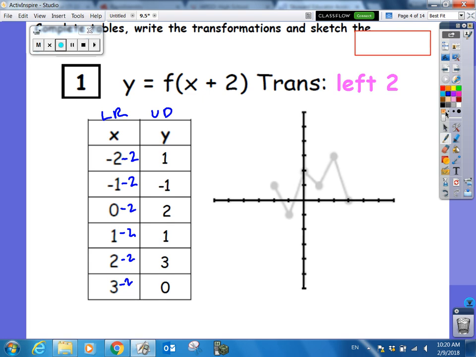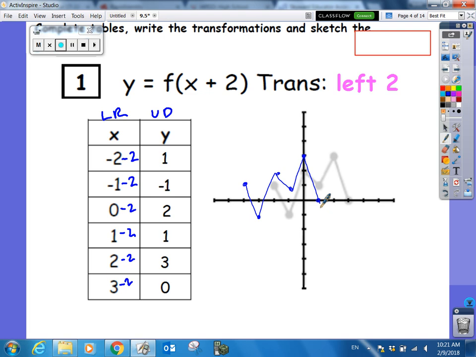All right, so what we do is we just take these dots, and that's why I think it's easy to lightly draw the original function, because then I can just take this dot, move it left 2, this dot, left 2, left 2, left 2, left 2, and left 2, and then just reconnect the dots. So there is my new function.